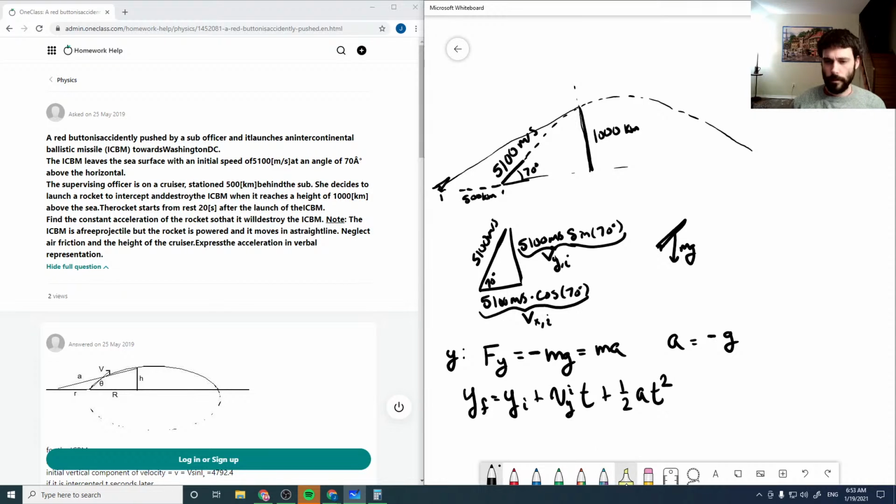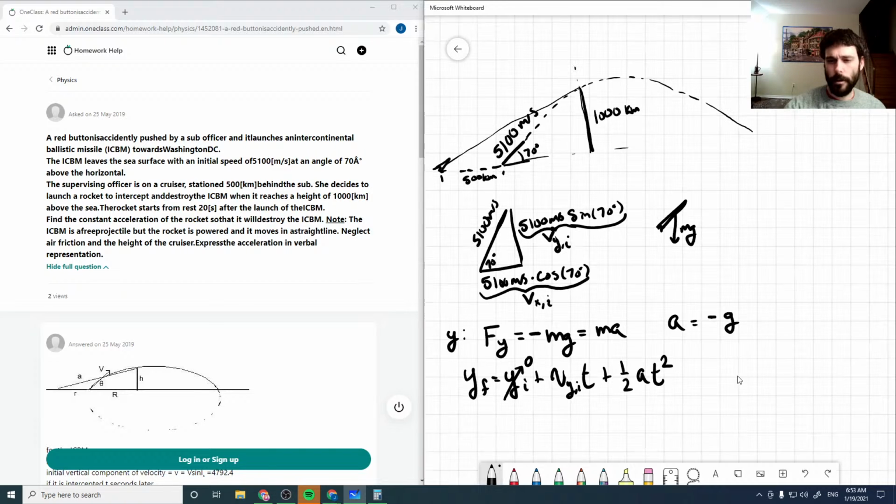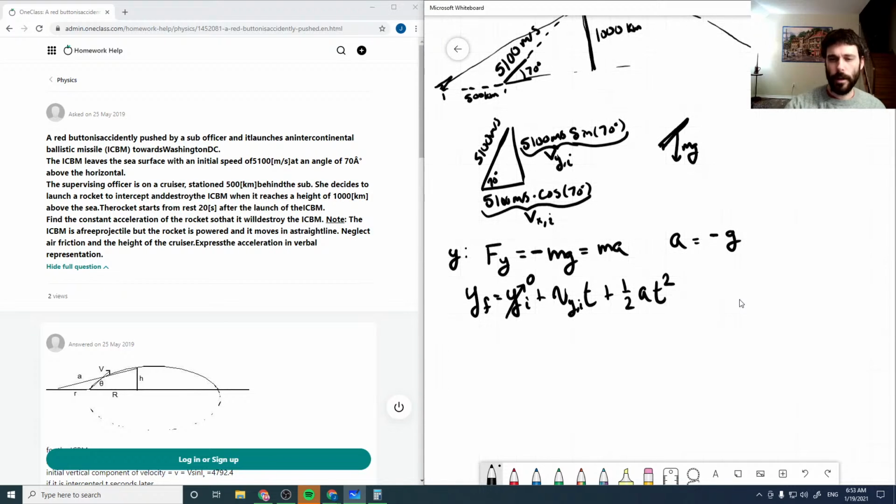I'll use this notation instead, like that. All right, so there's my Vyi. My acceleration, my initial y is 0, so I can get rid of that. And in fact, I know what my yf is as well.